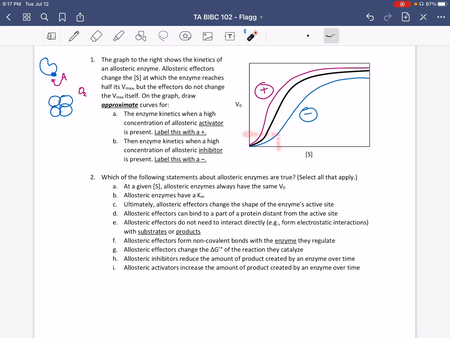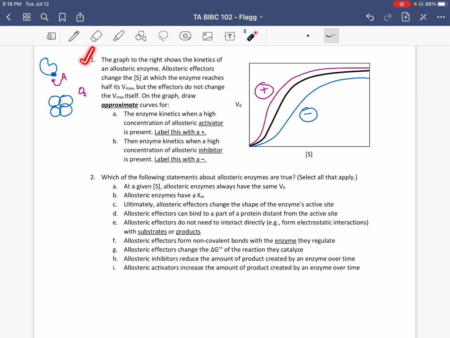And this just supports the statement that allosteric effectors will change the concentration of substrate at which the enzyme reaches half of Vmax, meaning that allosteric effectors do not have a Km.